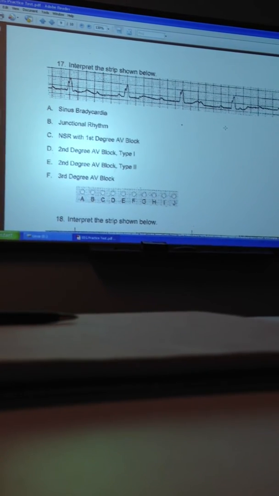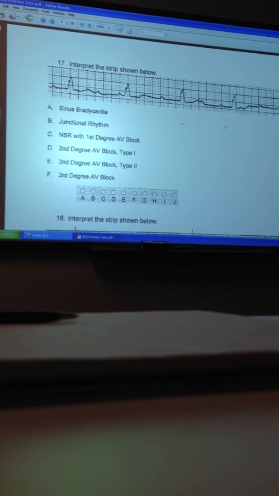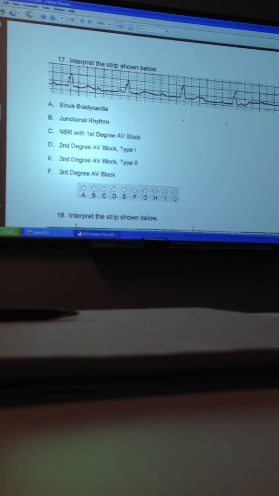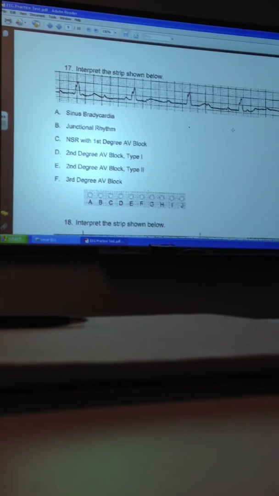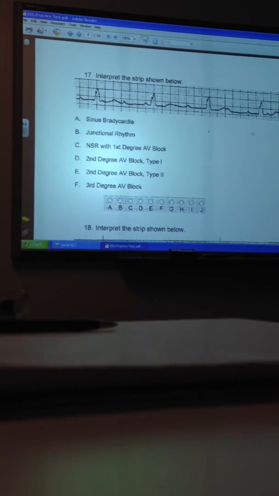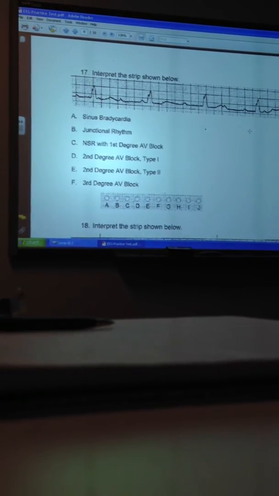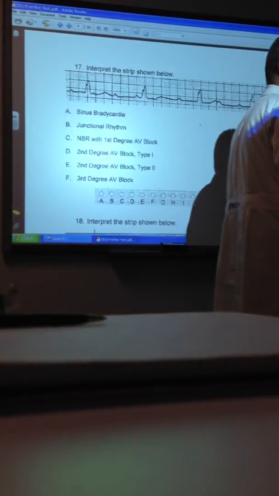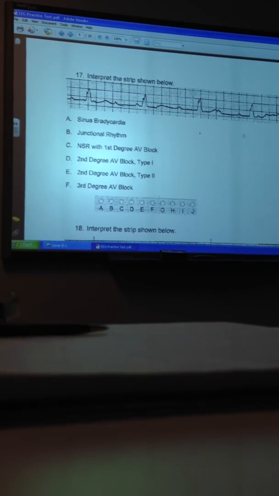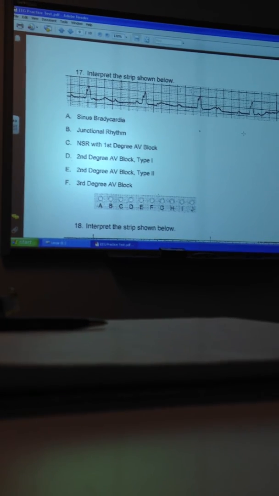No. Second degree AV block type 2? Is it a complete heart block, otherwise known as a third degree heart block? Well, that's all that's left. Yes, it is a complete heart block because your P waves are doing their own thing, your QRSs are doing their own thing. They're not talking to each other. Okay.